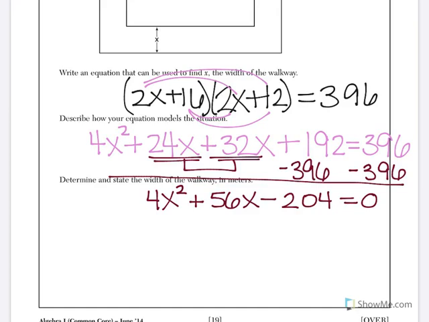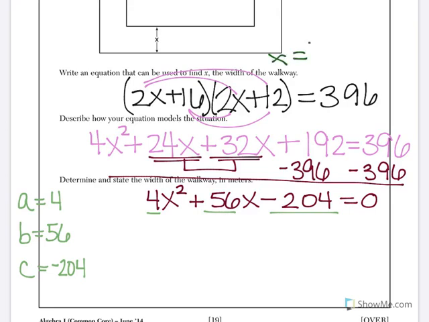From here, I am going to use the quadratic formula, so I need to figure out my a, b, and c. My a value is always the number in front of x squared, so that's going to be 4. Your b value is going to be 56. Your c value is negative 204. And hopefully we have the formula memorized, but if not, I can write it up top. x equals negative b plus or minus the square root of b squared minus 4ac all over 2a.